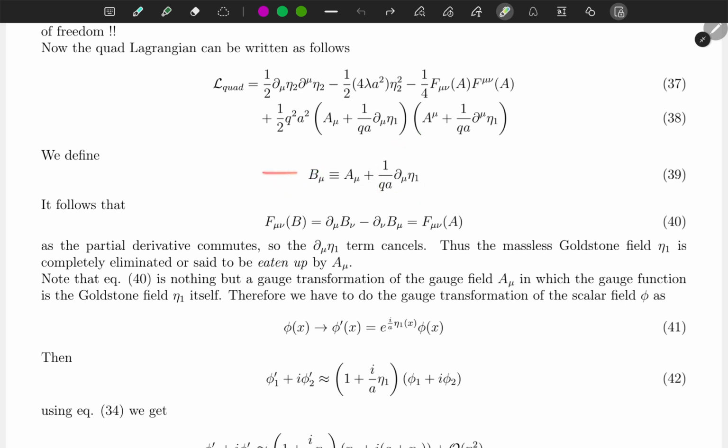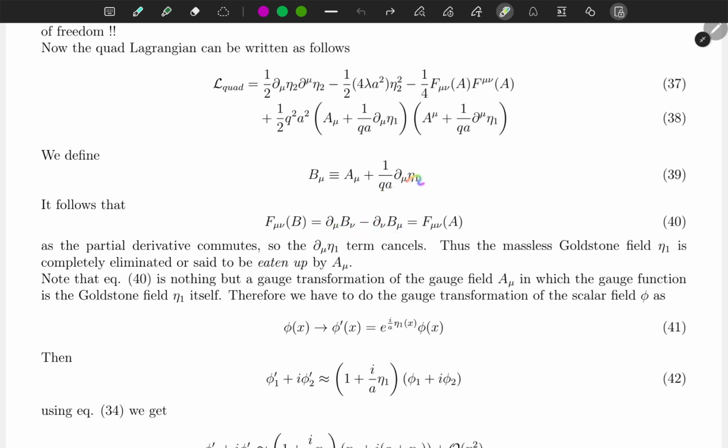You introduce a new or modified gauge field where you add this eta 1, that is the Goldstone field, and you can see now the field strengths correspond to the B gauge field. That's why I have kept it in bracket A, B. If you calculate this, you can see these are partial derivatives.